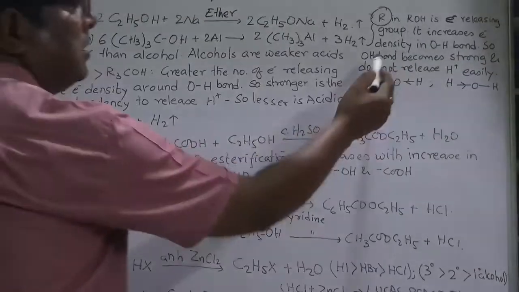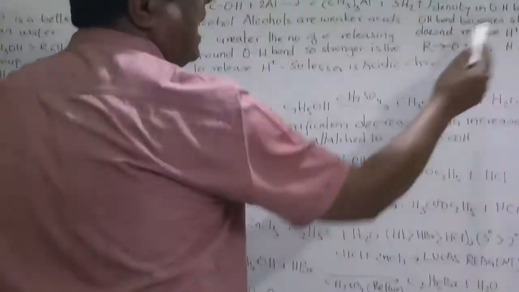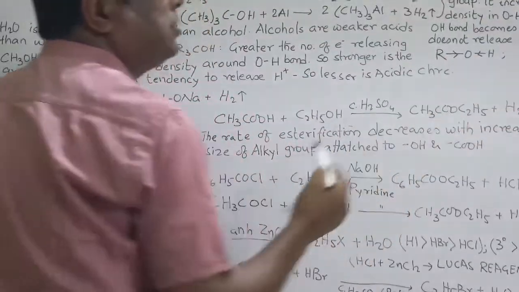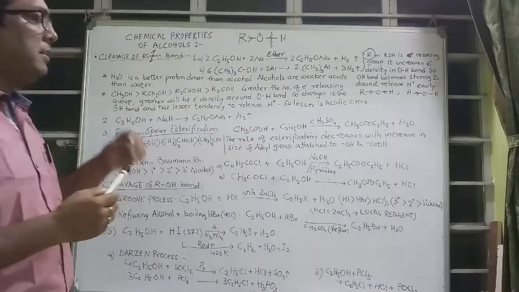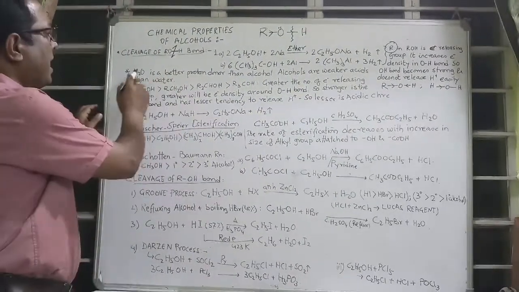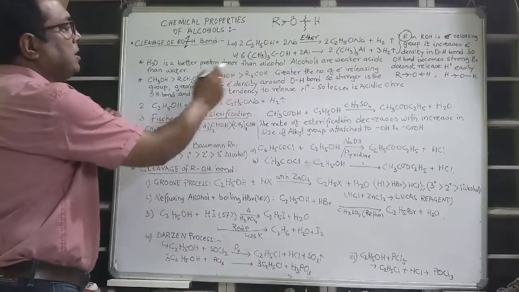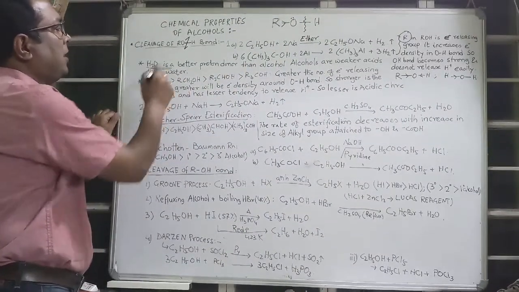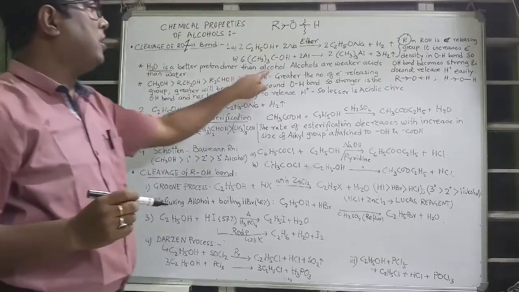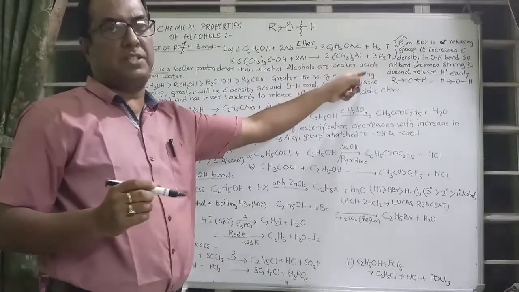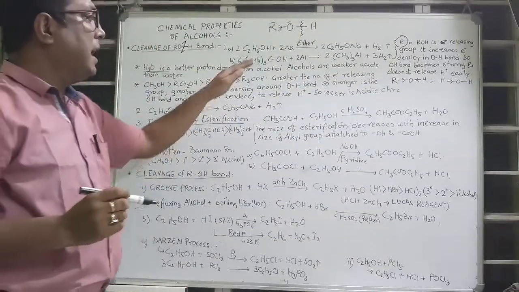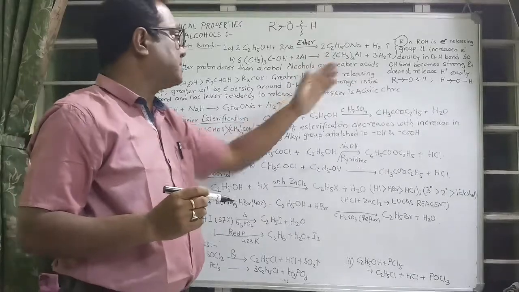Why? Because the OH bond becomes stronger and does not release the proton or the hydronium ion. So water is a better proton donor than alcohol. Alcohols are weaker acids, much weaker acids.